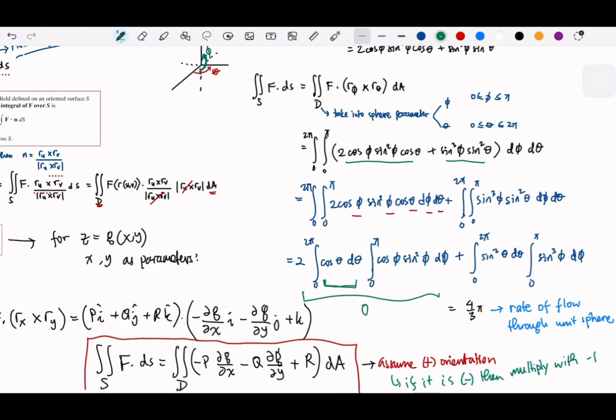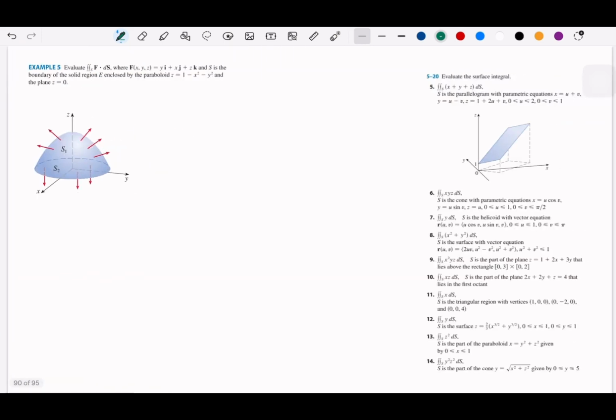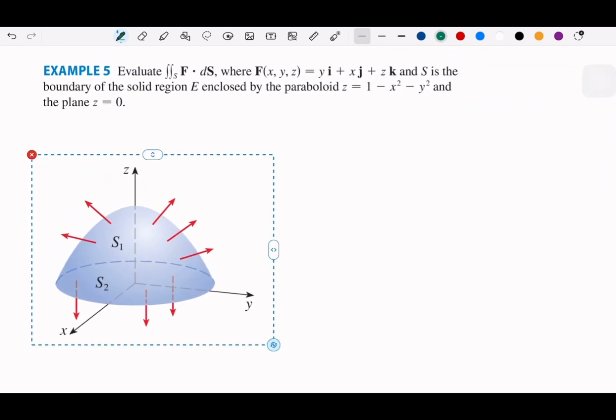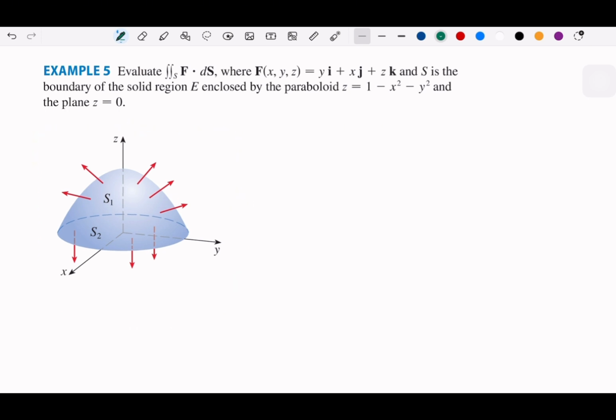So let me give you an example so that you can have a good idea for what we have here. So suppose that we have a vector field, and S is the boundary of the solid region E, which is below the paraboloid Z, and the plane Z equals 0.